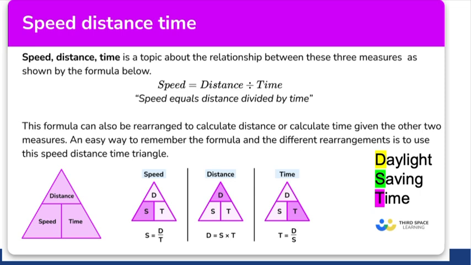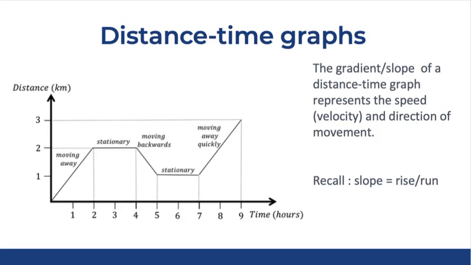Now if you move down for the next example, I'm going to talk about how to plot these distance time graphs. Distance time graphs have some special features that you need to understand. The time should always be on the x-axis. The distance is going to be on the y-axis.